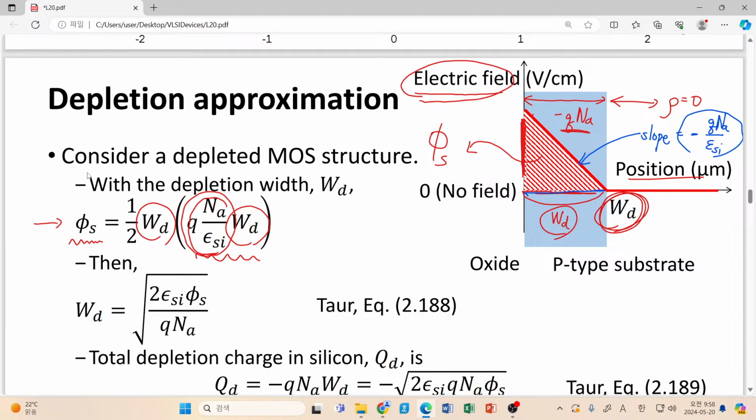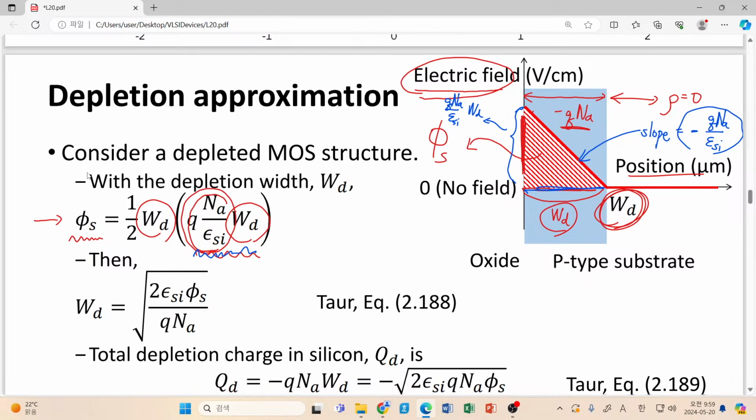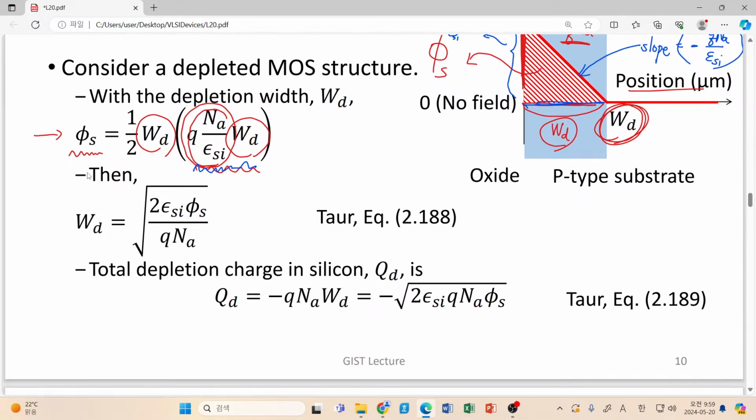So this is one side. The length of this side can be simply written as Q Na over epsilon silicon times WD, as written here.